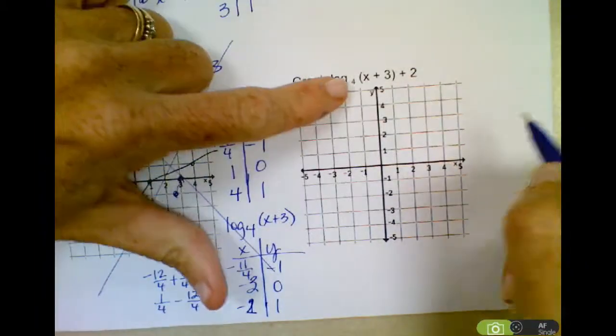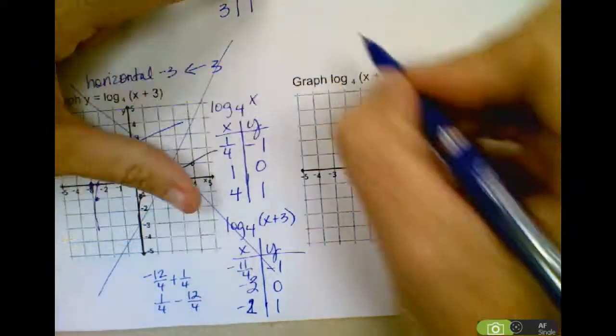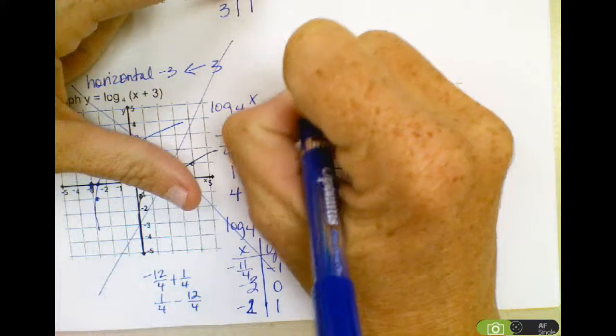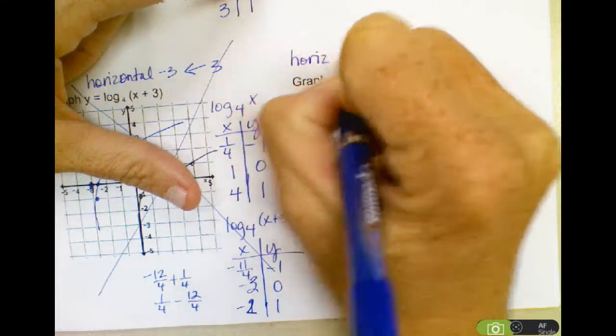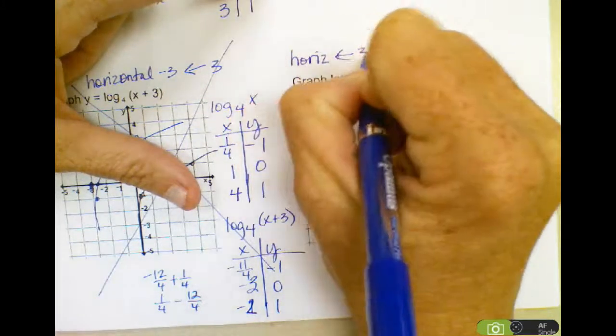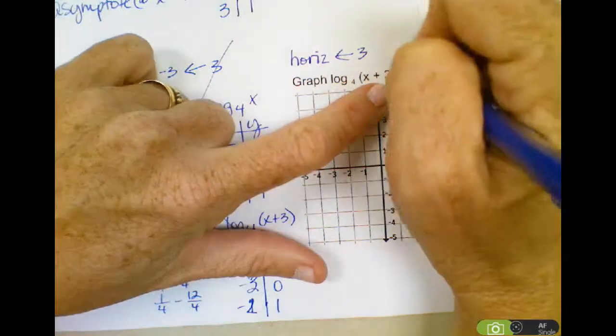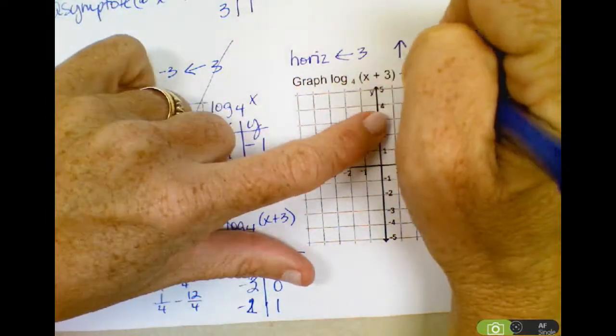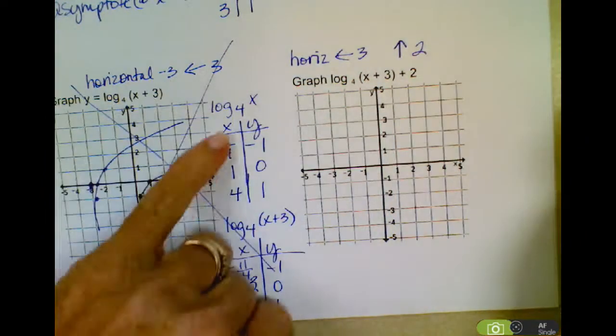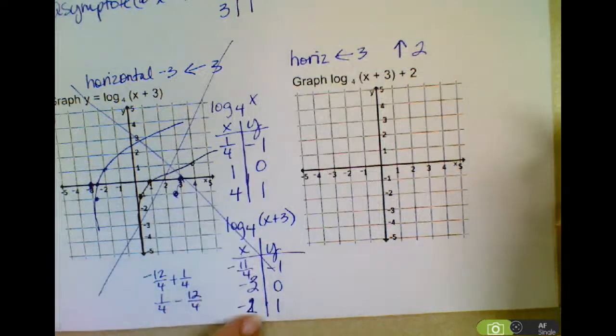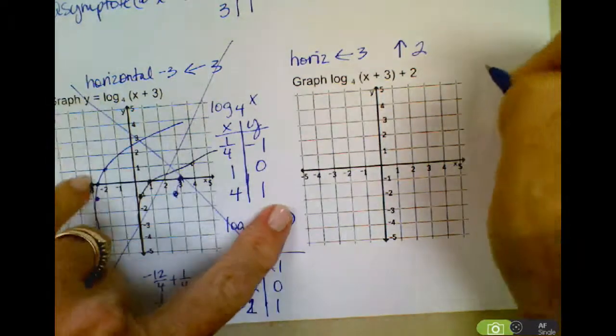So now let's ask ourselves, we already know that we're going to have a horizontal shift to the left of 3. And now because I see that +2 and it's outside the parentheses, it's also going to move my graph up by 2. So you're going to take all of your y coordinates now and those are what are going to shift.